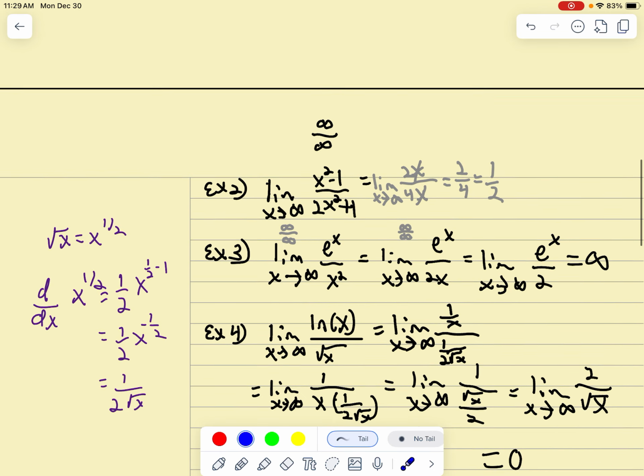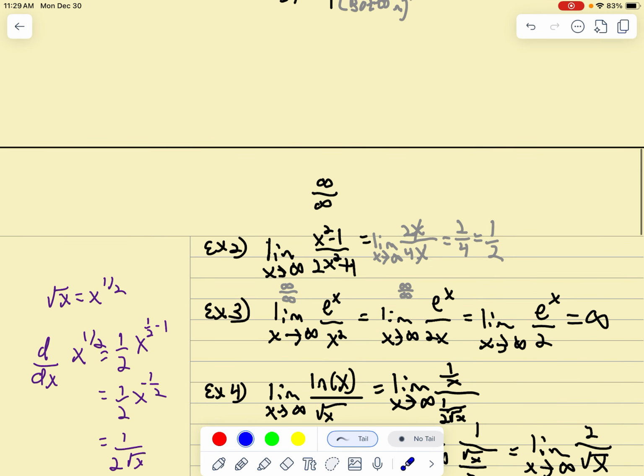Example 4, which is the last example. I just wanted to point out that when you're looking at an exponential over a rational function, exponentials will always blow up or go to 0 faster than the polynomial. It always is the case, and you can see it here.